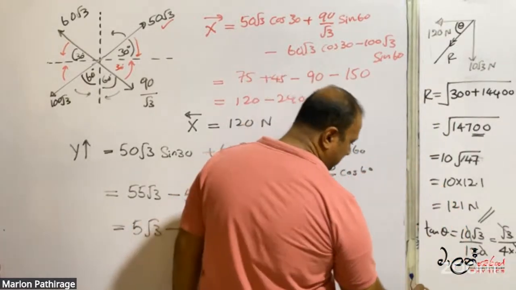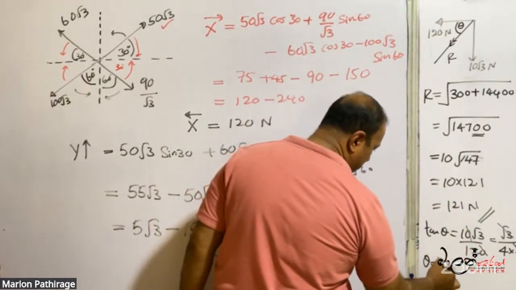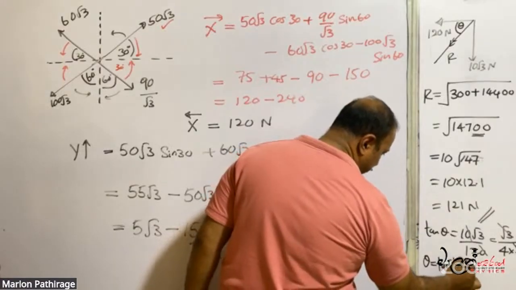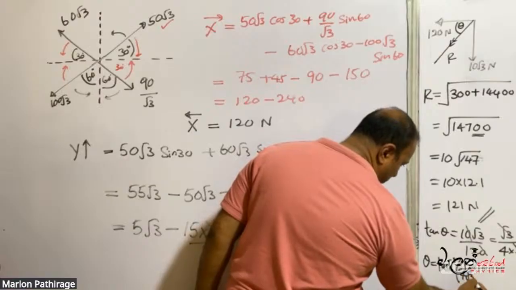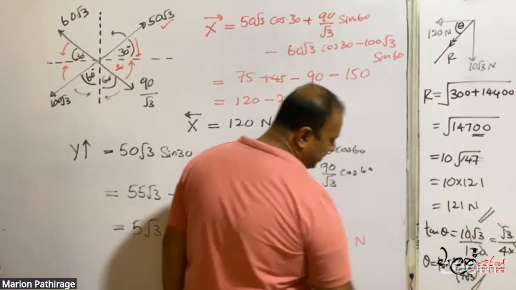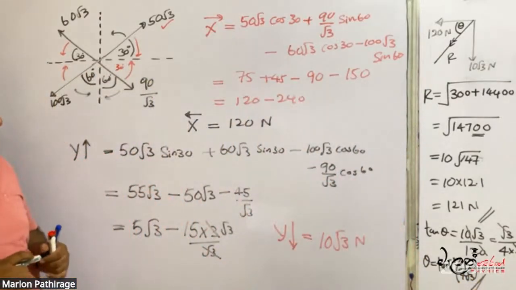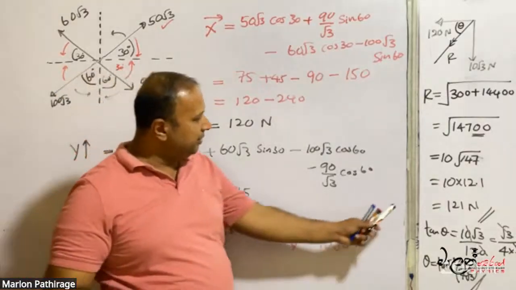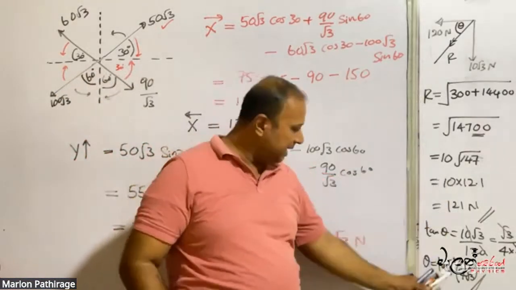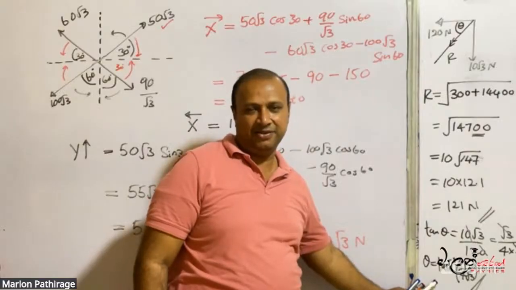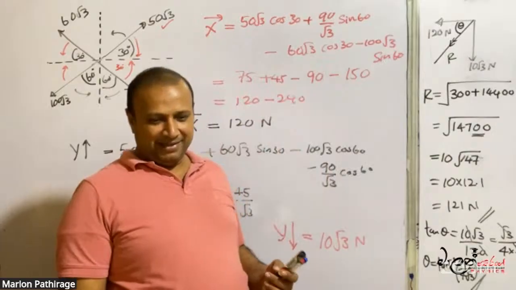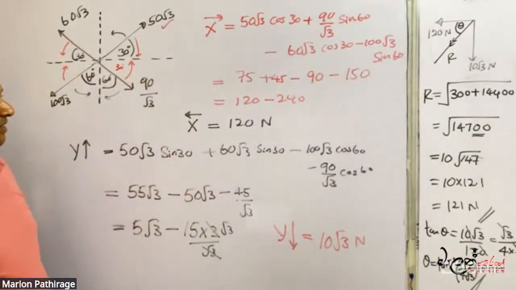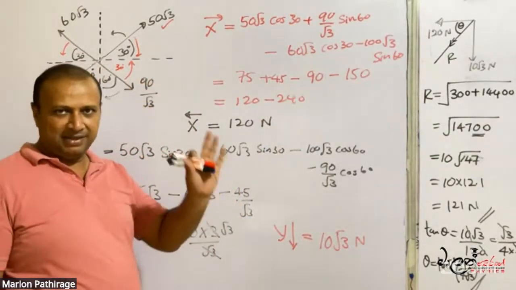Therefore, theta is equal to tan inverse 1 over 4 root 3. That is the direction. So this is the magnitude of the resultant force, and this is the direction of the resultant force. Direction means with the negative x-axis. Is that clear? If it is clear, please raise the hand.